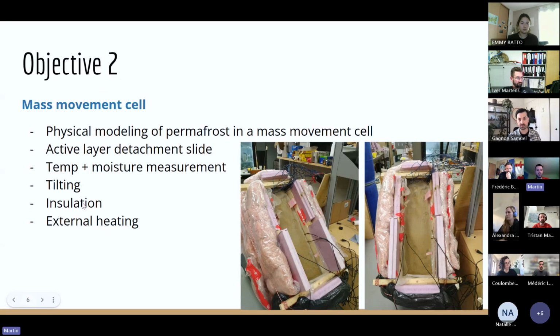The second objective was to prepare the mass movement cell. We can see on the picture how it looked. It was a big box filled with fully saturated sand.